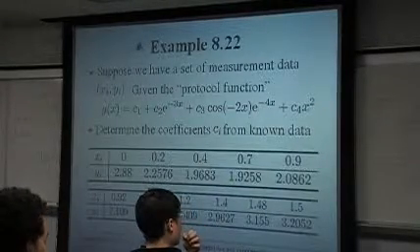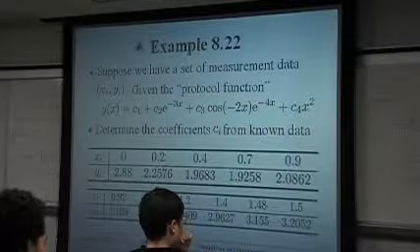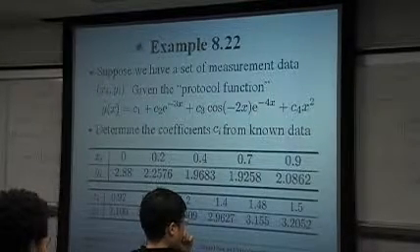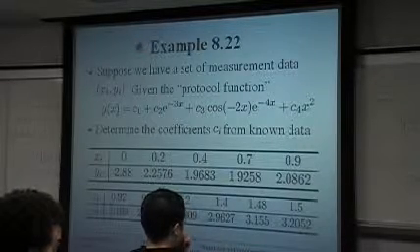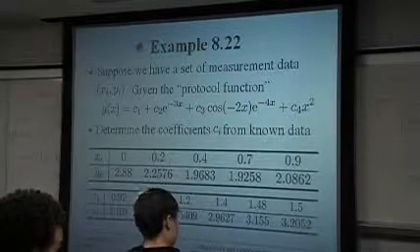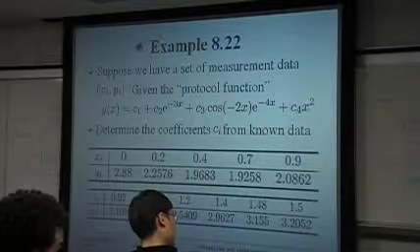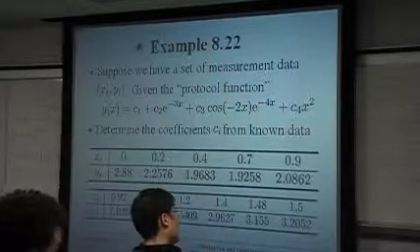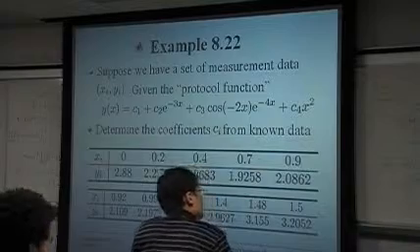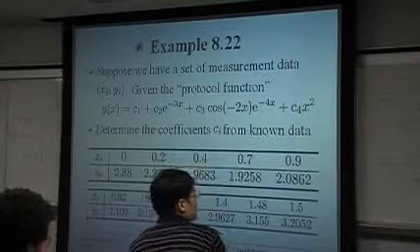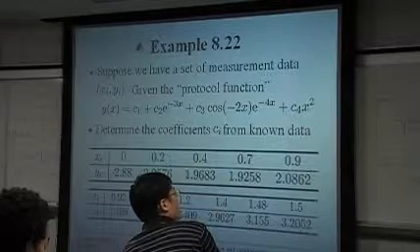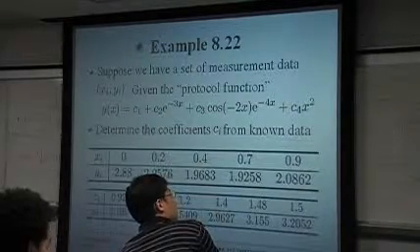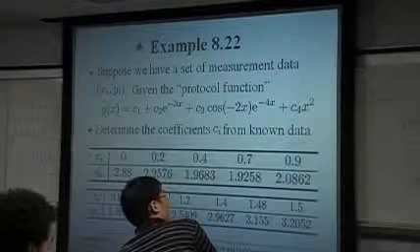In system identification, if there is a step input, and suppose this is a second order system, then we know the output should be something like C1 e to the minus A1 t plus C2 e to the minus A2 t, of this form.